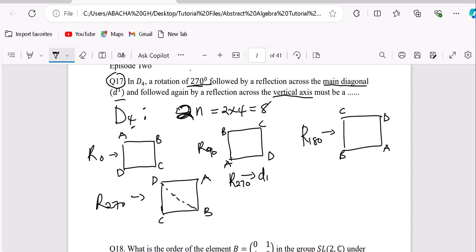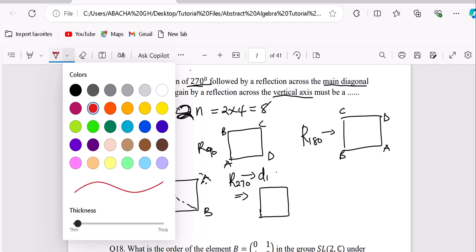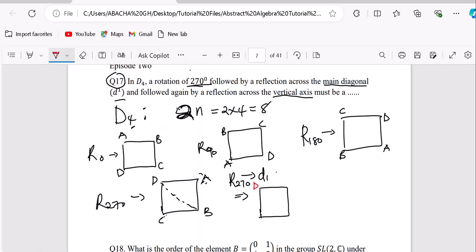So A will come to C and C will go to A. So this will mean that we will have this box. The same thing for the D. The D will still be at the same place. So D will still be here and B will still be here, but A and C will just change like this.